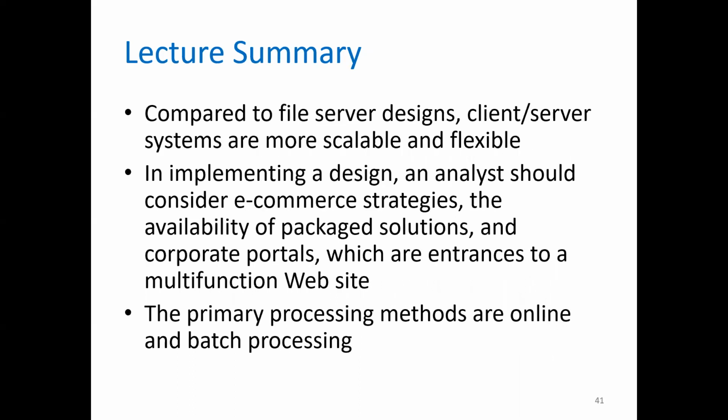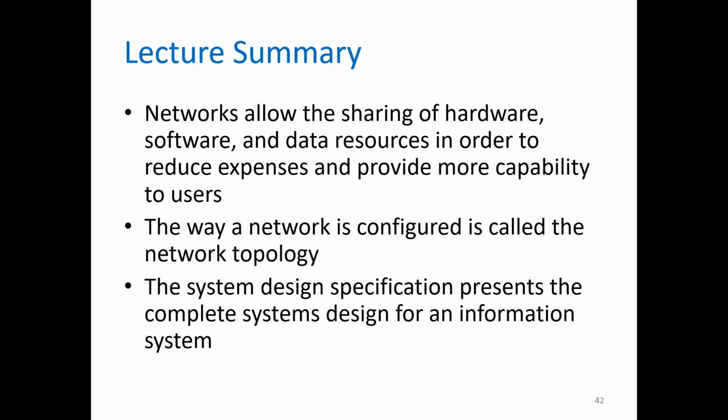Compared to file server designs, client-server systems are more scalable and flexible. In implementing a design, an analyst should consider e-commerce strategies, the availability of packaged solutions, and corporate portals, which are entrances to multifunctional websites. The primary processing methods are online and batch processing.